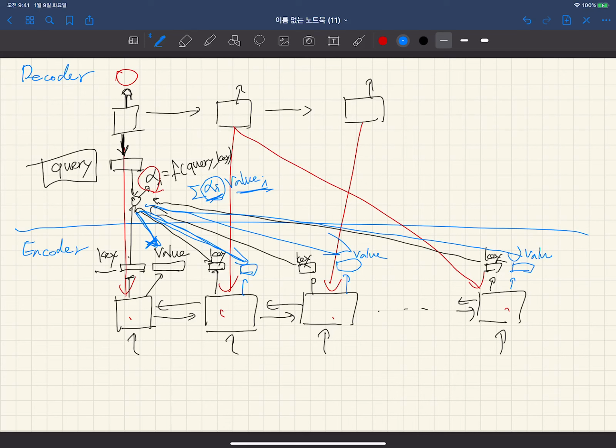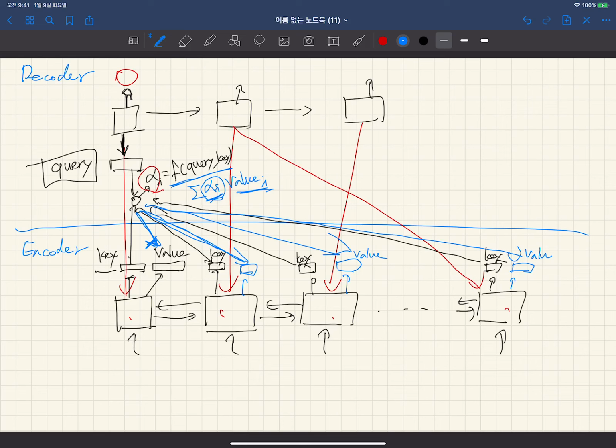Because of this adaptive way, we can essentially bring the nice properties of the fully connected neural network and the convolutional neural network, which can adaptively control the local position or how to generate the filter in a very flexible shape using this similarity measure.